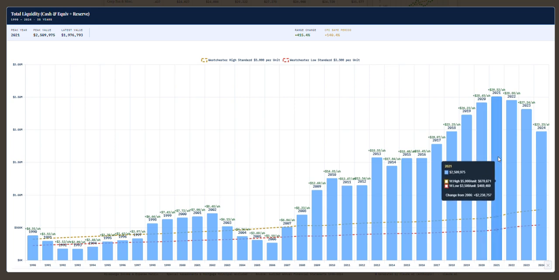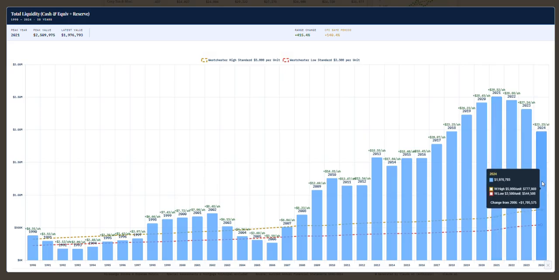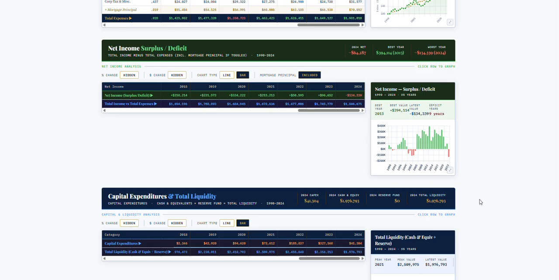In 2021, we actually had $2.3 million more. In 2024, we had $1.7 million more in the cash and reserve fund than we had in 2006. So 1.7 in increased cash and reserve fund balance plus 2.5 million in capital expenditures equals the 4.2 million. That's where it went.